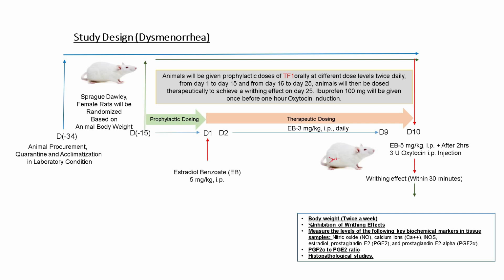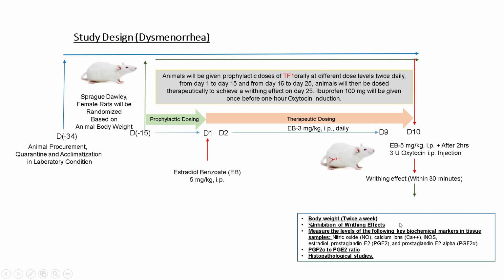It takes around 30 minutes after oxytocin injection to evaluate writhing effects. In an open field, you can place the animals after oxytocin injection, and you can record the effect using a video camera also. So you can find the number of writhing in each group, and you have to evaluate it as percent inhibition of writhing effects.